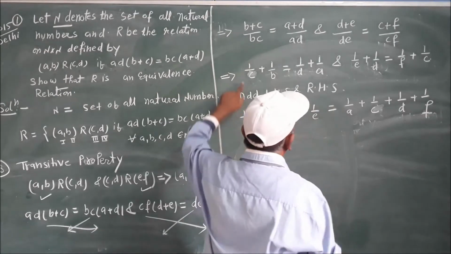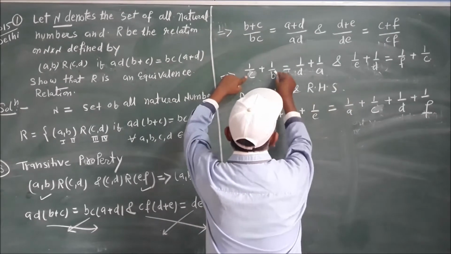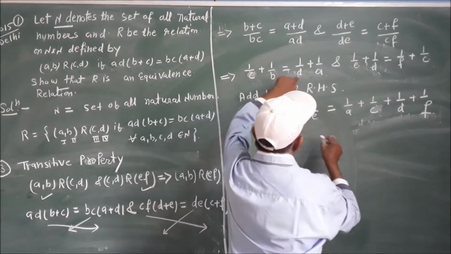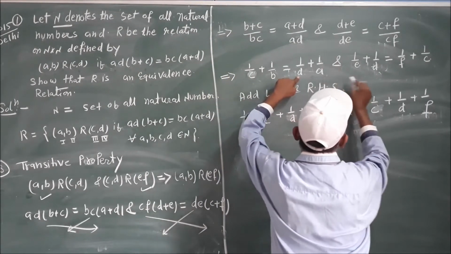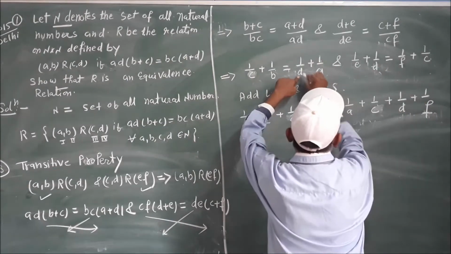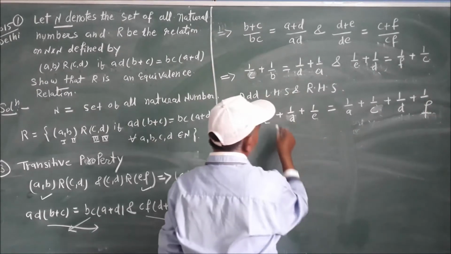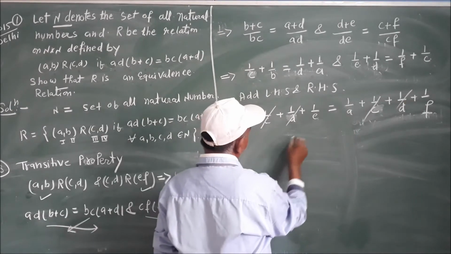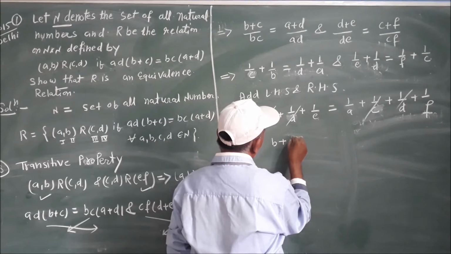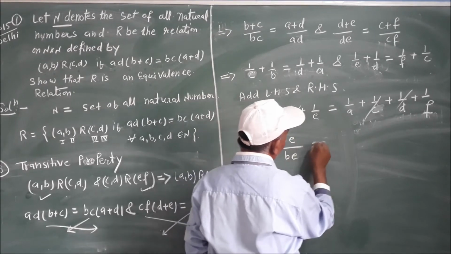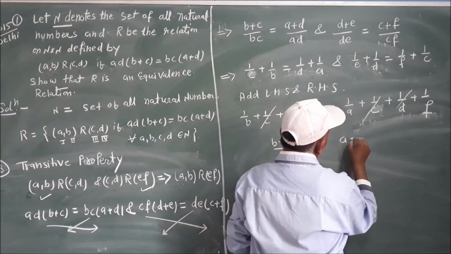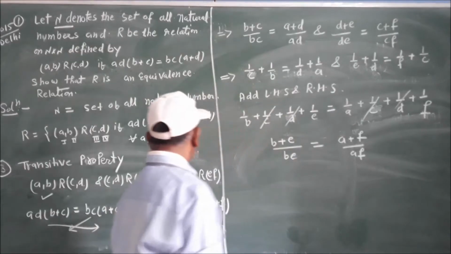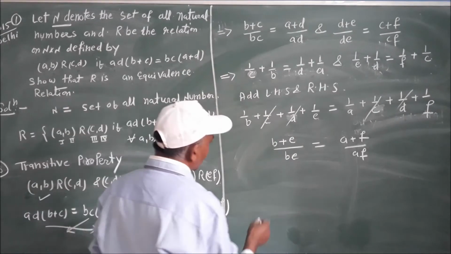Check once again: 1 by B, 1 by C, 1 by D, 1 by E, and after that 1 by A, 1 by C, 1 by D, 1 by F. So 1 by C and 1 by D cancel each other, and if we take the LCM, this will be equal to (B plus E) by BE is equal to (A plus F) by AF.